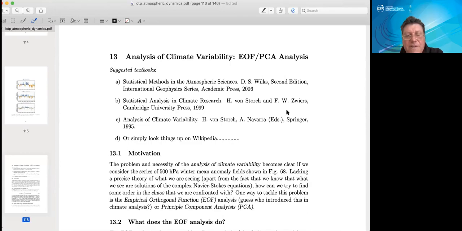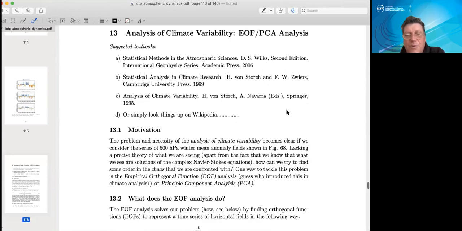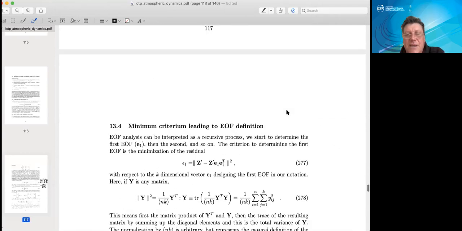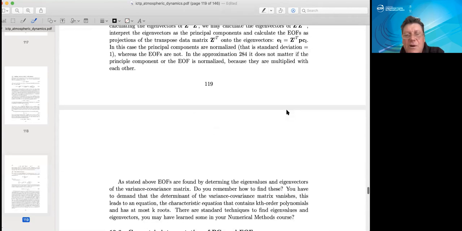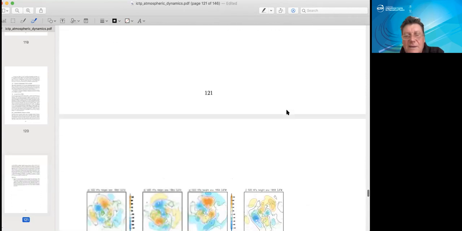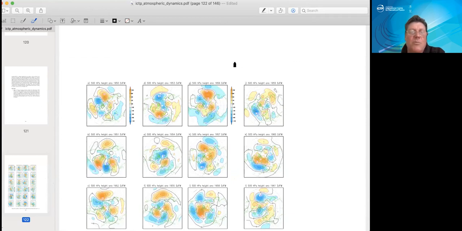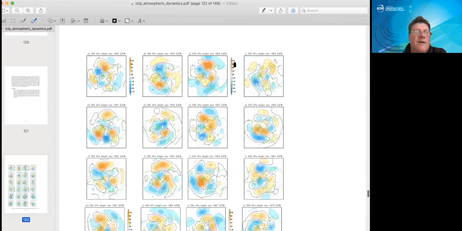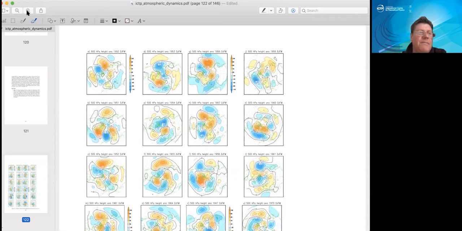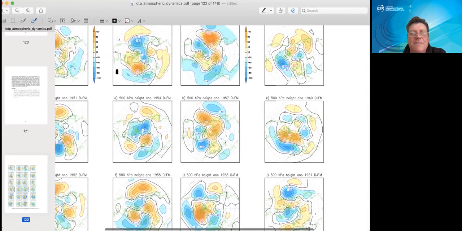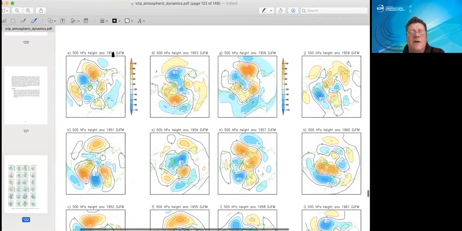So how can we motivate this? The motivation I'm using here is to simply look at some geopotential height anomaly maps. These kinds of postage-stamp maps show winter mean 500 hectopascal geopotential height anomalies.